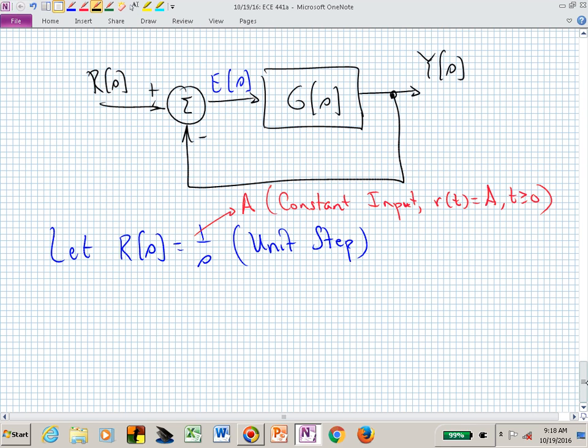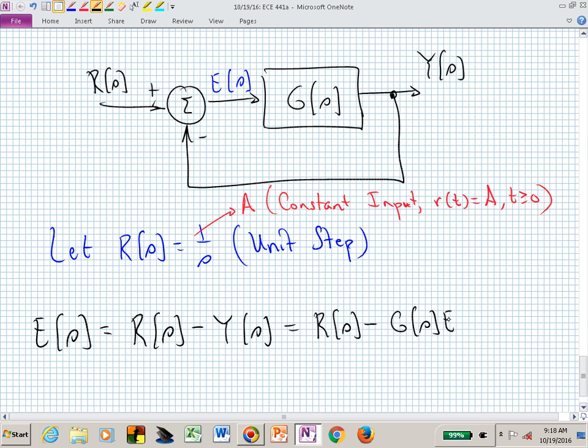Our error signal E, since it's in the block diagram, we can do some block diagram algebra directly to obtain that error signal from the block diagram. We have R minus Y, and now if we see that Y is a function of E, we can now say that Y is G of s times E of s.